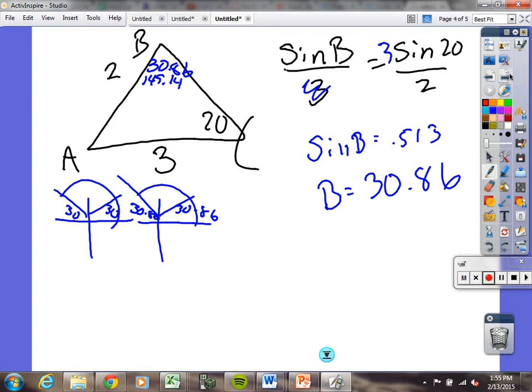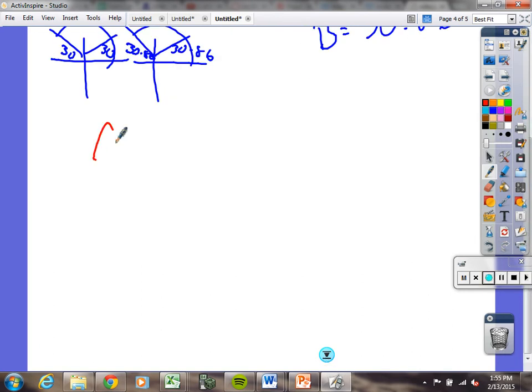Okay, so now coming back here, if this guy was 20 and 30.86, that means this guy is 129.14. Usually what I like to do, for me personally, I come down here and I say, we have big A, big B, big C, A, B, C. And then if I have 2 triangles, I do it again.